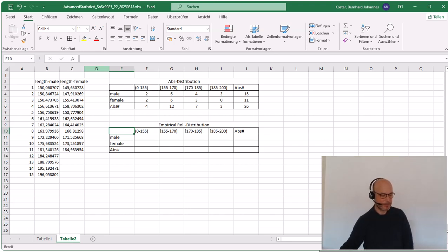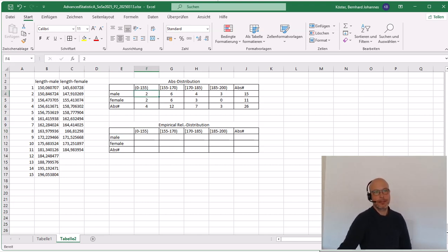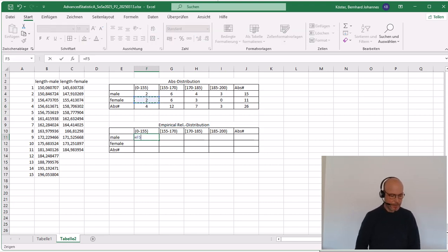Well, in the end, we have two guys smaller than 155 centimeters and male, and we have an overall number of 26 people. Therefore, it is 2 over 26. So this over the total number.